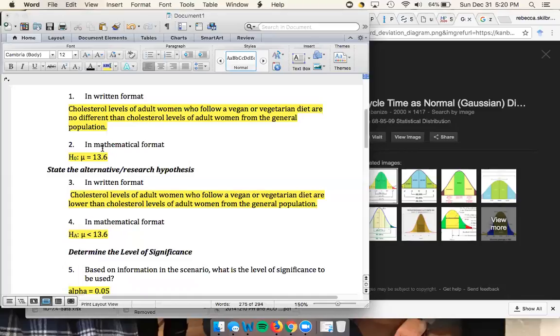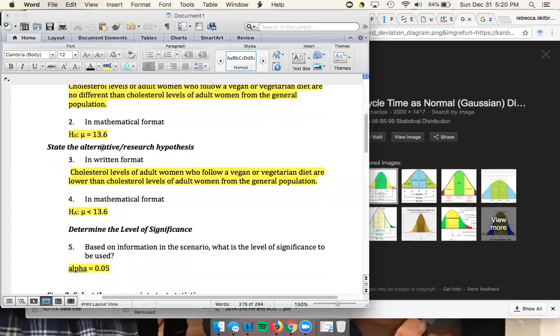In the mathematical format, you're going to want to put the population mean. And the reason for this is because if there is no difference between women who have a vegan vegetarian diet and those who do not, in their cholesterol levels, then the population mean should equal the cholesterol levels for those who are having a vegan vegetarian diet.